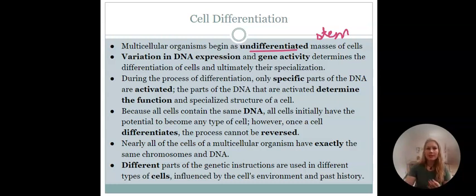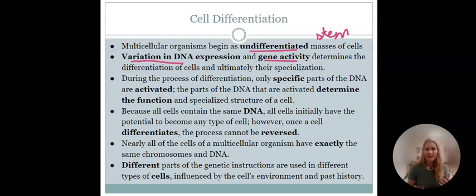So through the process of differentiation, the variation in DNA and gene activity determines essentially the job of the cell and ultimately its specialization. So cells become specialized.